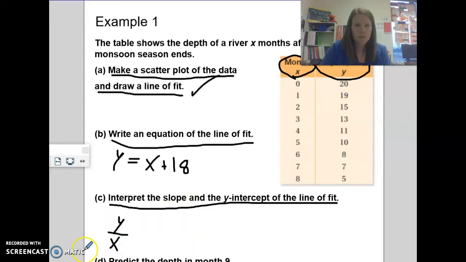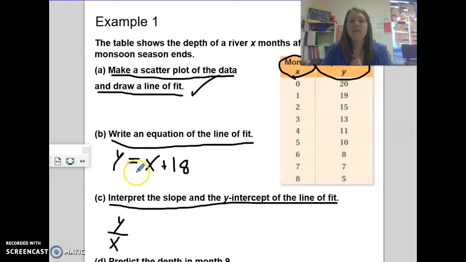For the most part, and as you can see, the trend is not going exactly this way, but the change in y, so the amount of feet that changes out of the change in months, seems to be about a trend of 1. So it means every single month, the depth loses 1 inch.